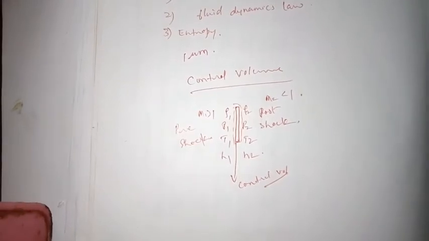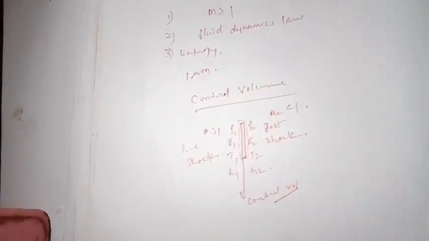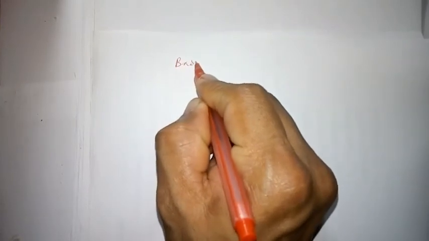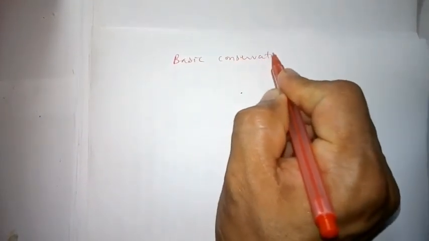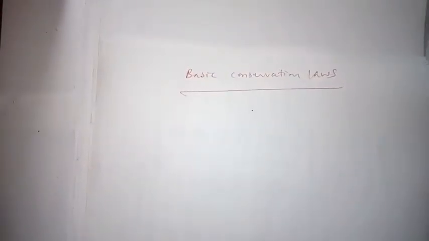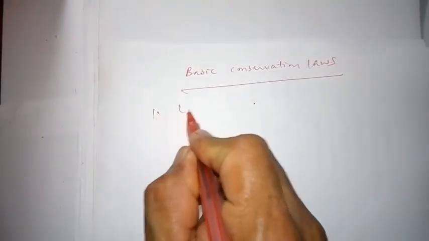Let us see the basic conservation laws which you have studied and forgotten. There are three basic conservation laws. The first law is the law of conservation of mass.